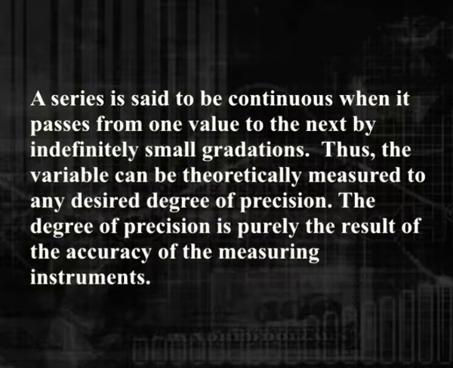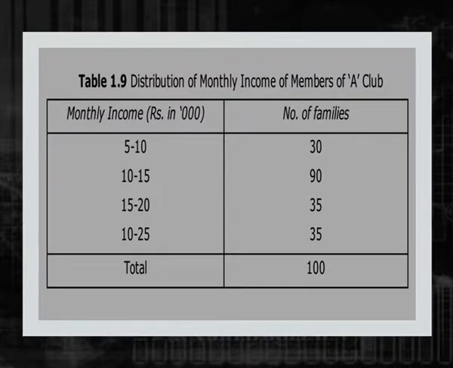The degree of precision is purely the result of the accuracy of the measuring instruments. So table 1.9 gives us a distribution of monthly income of members of a club.